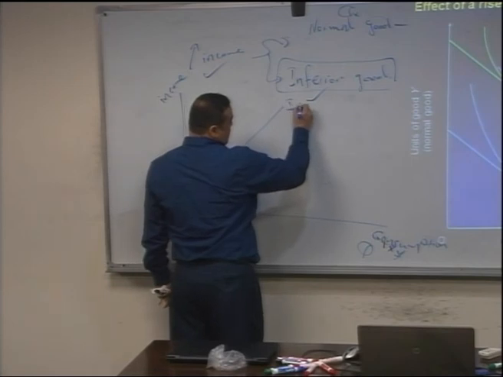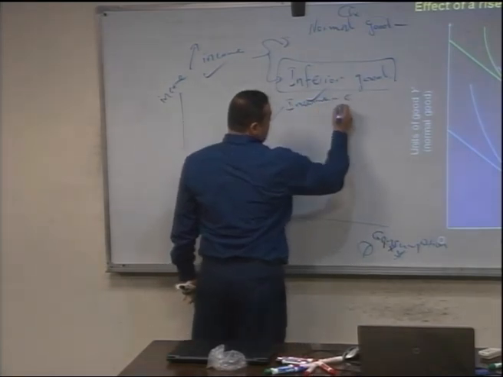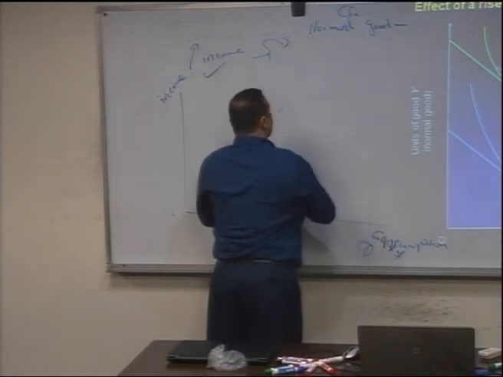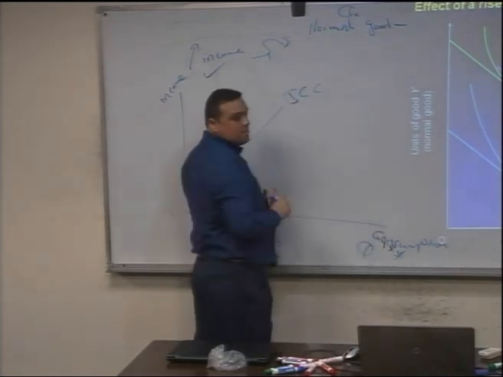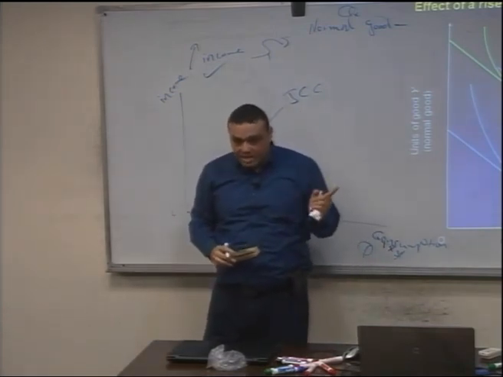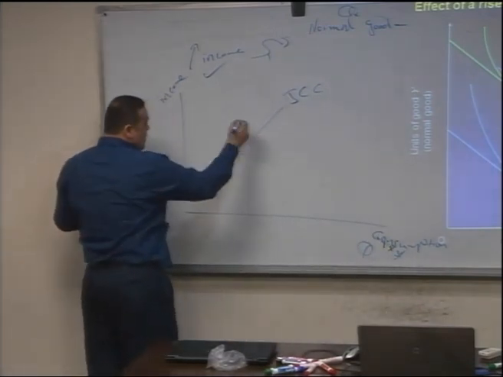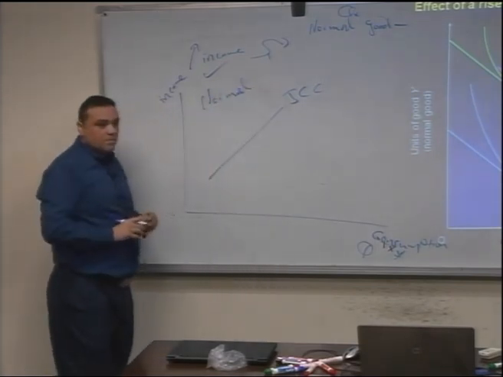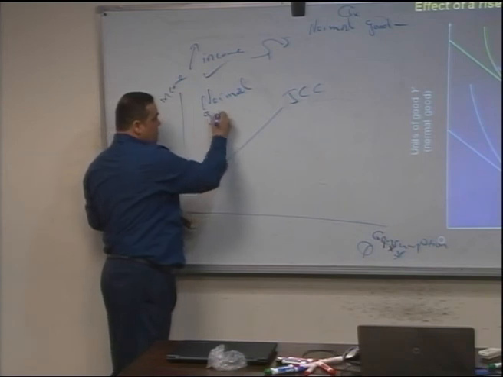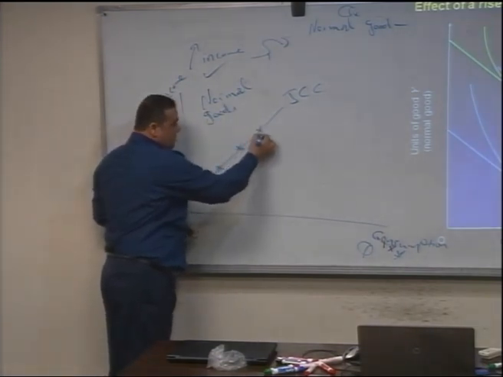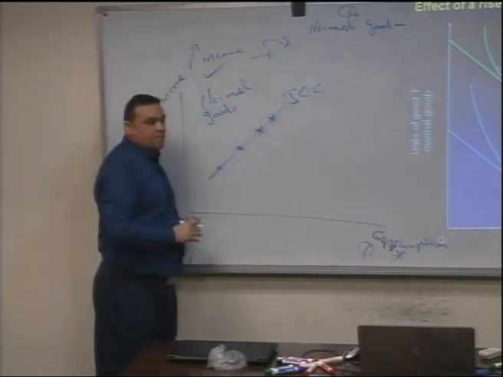This is the income consumption curve, ICC, when the product is normal. The normal goods. As income goes up, the consumption goes up as well.